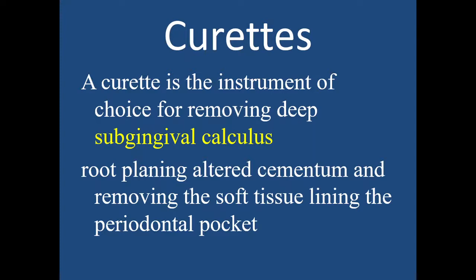It is completely wrong, because the usage of the sickle scalers and the ultrasonic scalers is easy, yes, but these instruments cannot be inserted between the tooth and gingiva, for example into a 5 mm pocket.